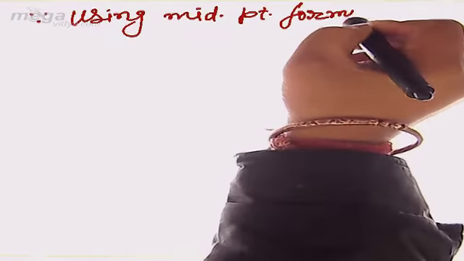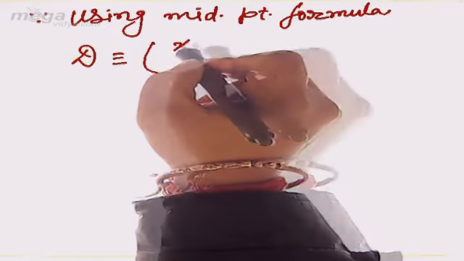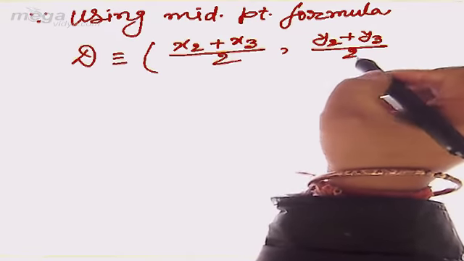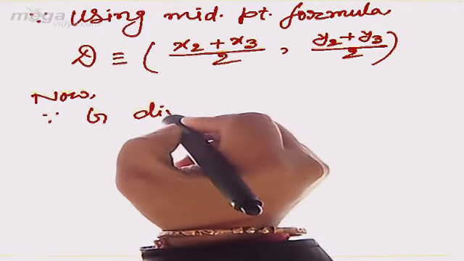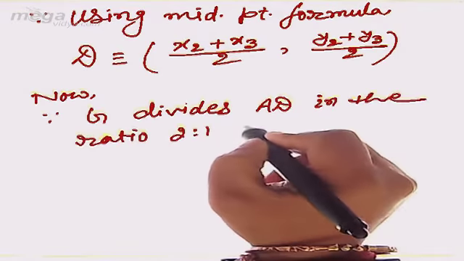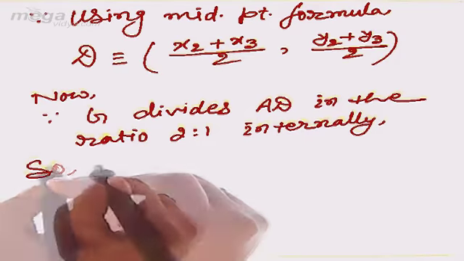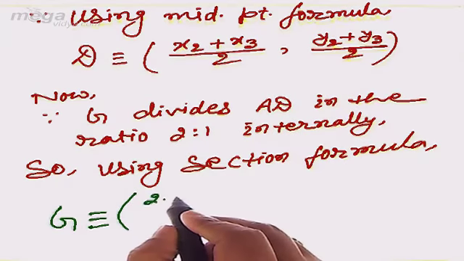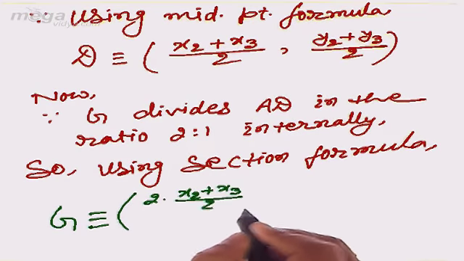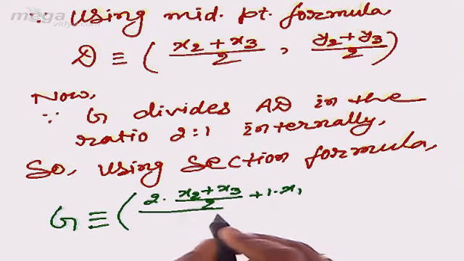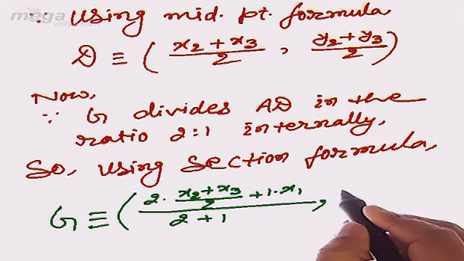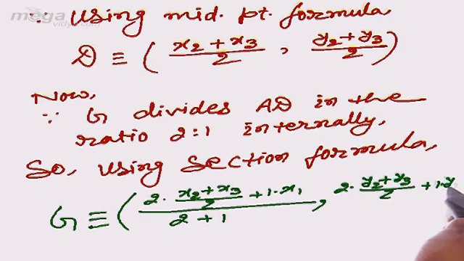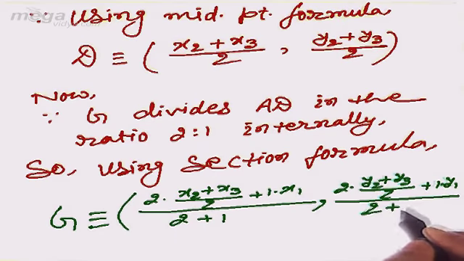Using the midpoint formula, the coordinate of D will be ((x2 + x3)/2, (y2 + y3)/2). Now since G divides AD in the ratio 2:1 internally, using the section formula, what do you get? The coordinate of G as (2·(x2 + x3)/2 + 1·x1)/(2 + 1), comma (2·(y2 + y3)/2 + 1·y1)/(2 + 1).